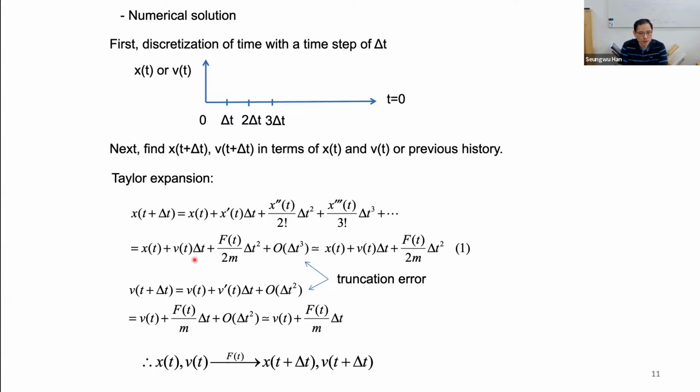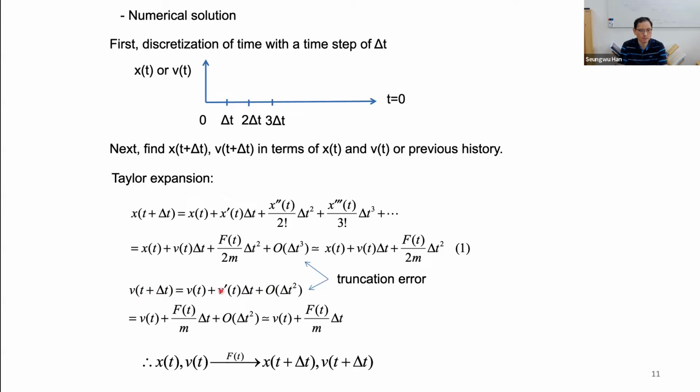So this is the Taylor expansion in the position, and then this is the Taylor expansion in the velocity. For the velocity, we have the first derivative, which corresponds to the force. And for the second derivative, we do not have such a good estimate, so we can simply ignore it. And so, in the case of the velocity, we have a truncation error that is one order larger.